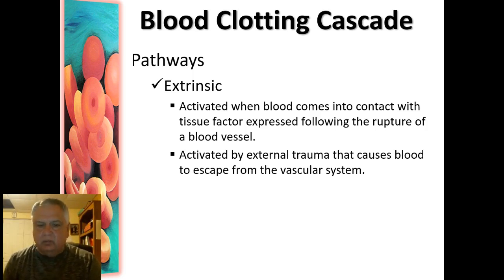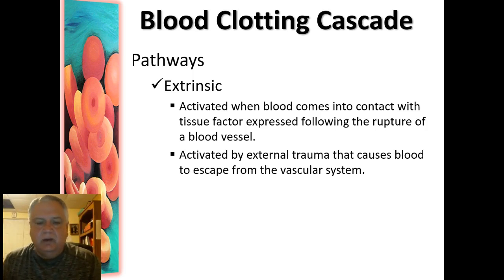But when the blood vessel ruptures, these integral proteins, this tissue factor, can become exposed, and the blood can now come in contact with that tissue factor. So this would set off the extrinsic pathway, or domino effect.